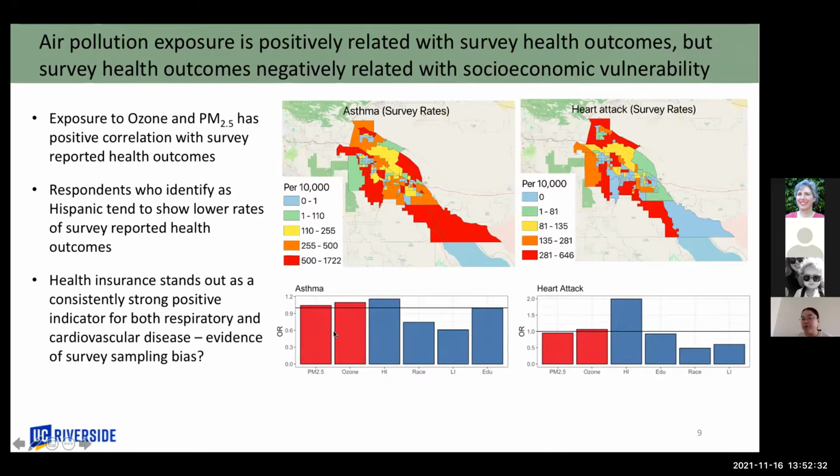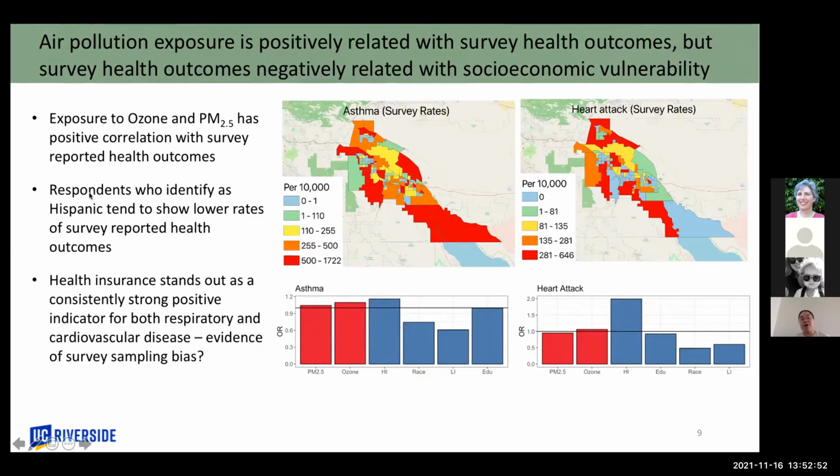has a positive relationship with PM2.5 and ozone, which is similar to what we found for the emergency data. However, when we look at the correlations between the survey data and the socioeconomic status, we found a very interesting situation.